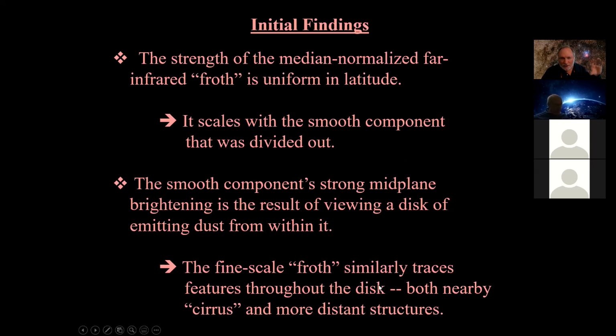When you're at low galactic latitudes, the froth is from near and far. When you get to the higher latitudes, you're looking at froth which is probably nearer. But basically, you're seeing the entire tableau of dust emission, including its variations throughout the galaxy.